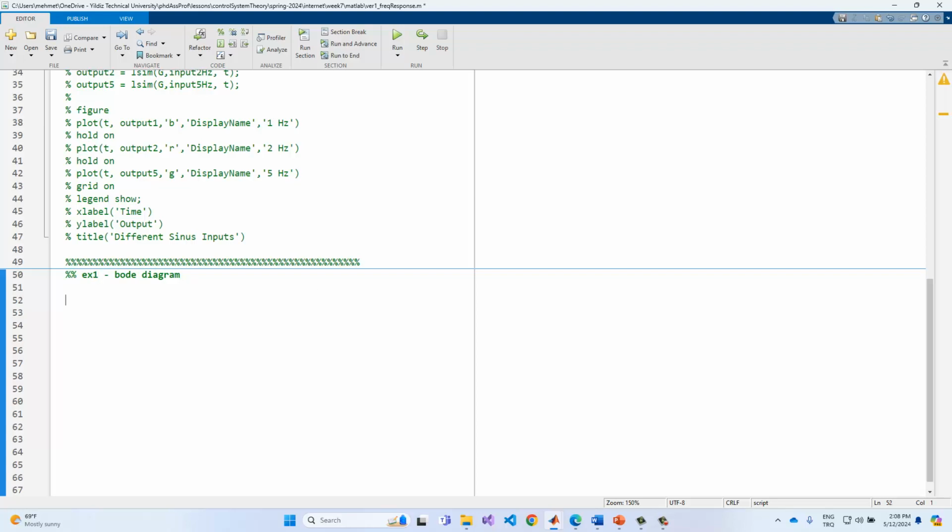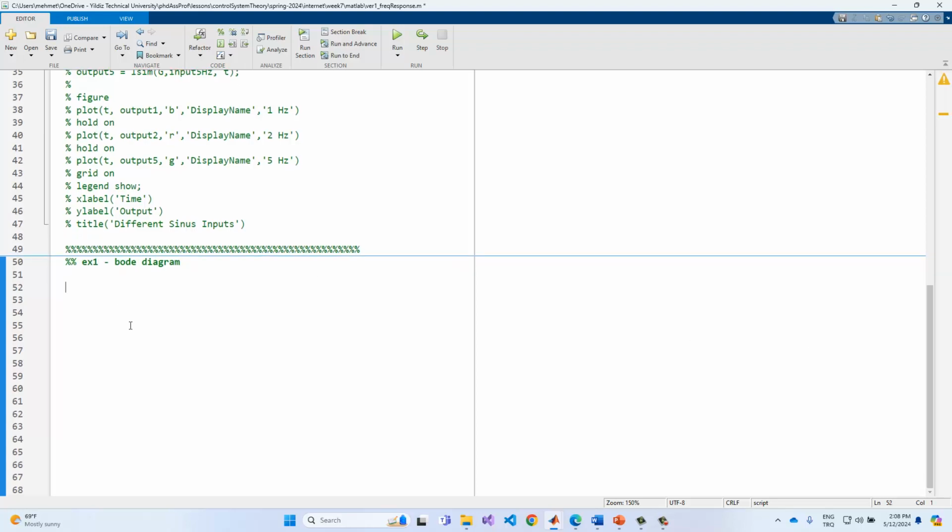Okay, X1. First of all, we need to define a as equal to 1. Also for F, the logspace can be utilized here, from -2 to 2 with 400 values. This means that from 0.01 Hertz to 100 Hertz are applied to this frequency.